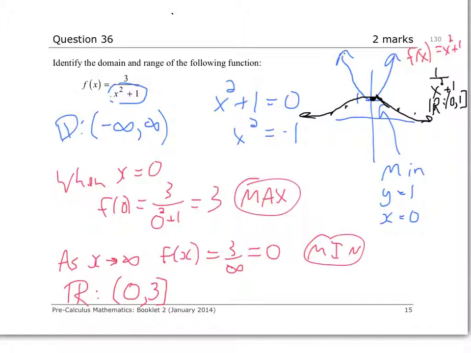So we could write this as f of x equals 3 times 1 over x squared plus 1. So this 3 right here would represent a vertical stretch by a factor of 3. So all it would do is triple all these y values.